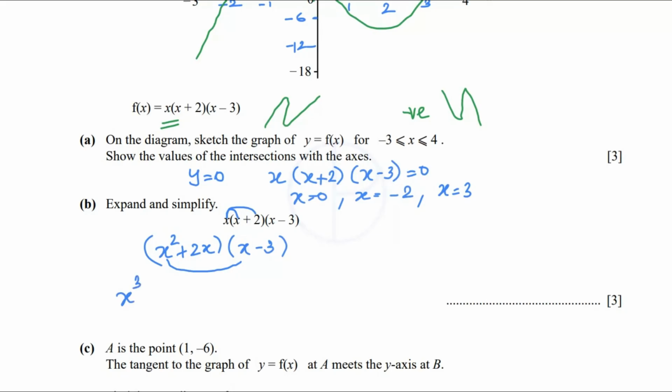We get x cube. X square multiplied by negative 3 is negative 3x square. 2x multiplied by x is 2x square. 2x times minus 3 is minus 6x. Now let's simplify this. X cube minus 3x square plus 2x square gives minus x square minus 6x.